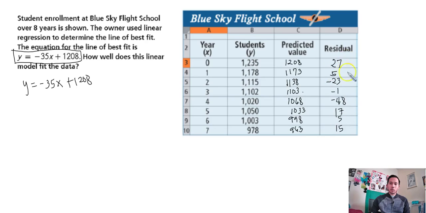That's why the residuals are 27, 5, negative 23, negative 1, 48, 17, 5, and 15. We have 978 minus 963, that's 15. 1003 minus 998, that's 5. Right? So that is how you complete the table.